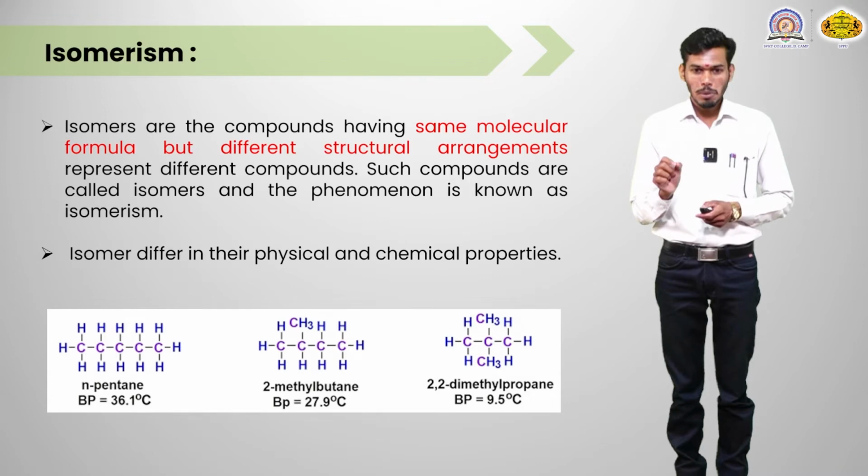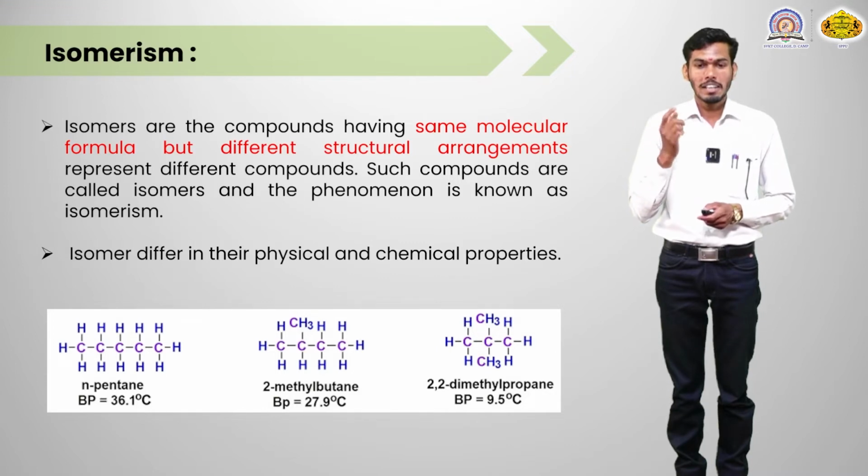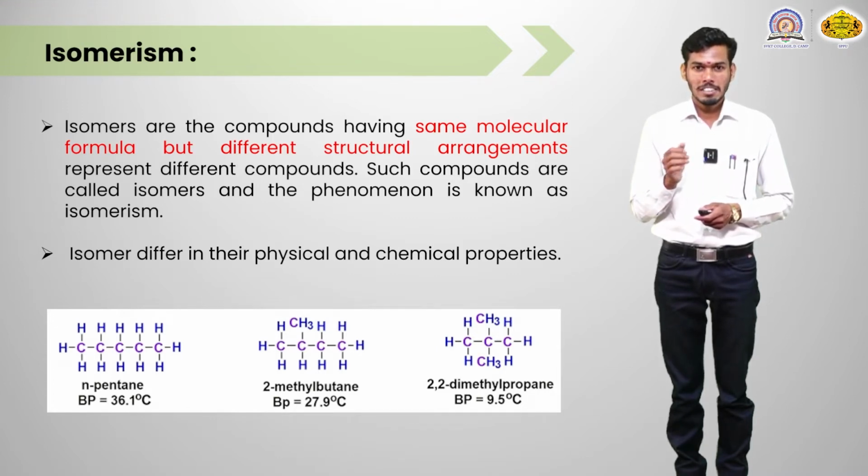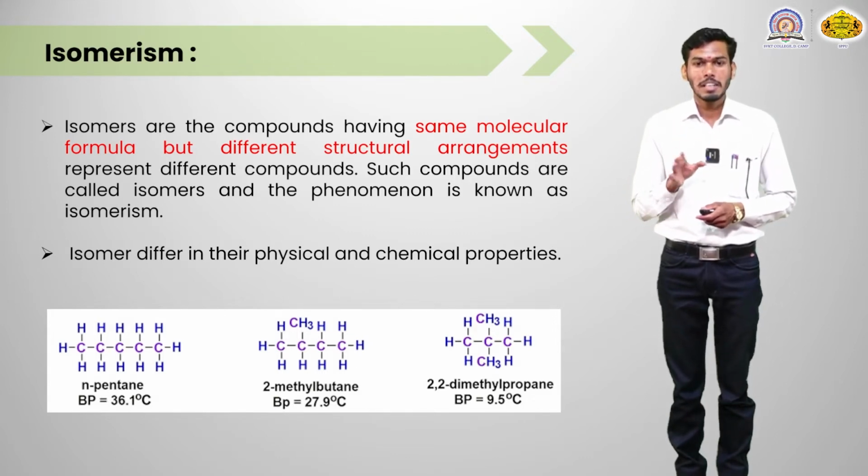In 2-methylbutane, 4 carbons are in a straight chain and 1 methyl group, a CH3 group, is at the second carbon position. In 2,2-dimethylpropane, 3 carbons are in a straight chain and 2 methyl groups are attached to the second carbon. So the structural arrangements are different.